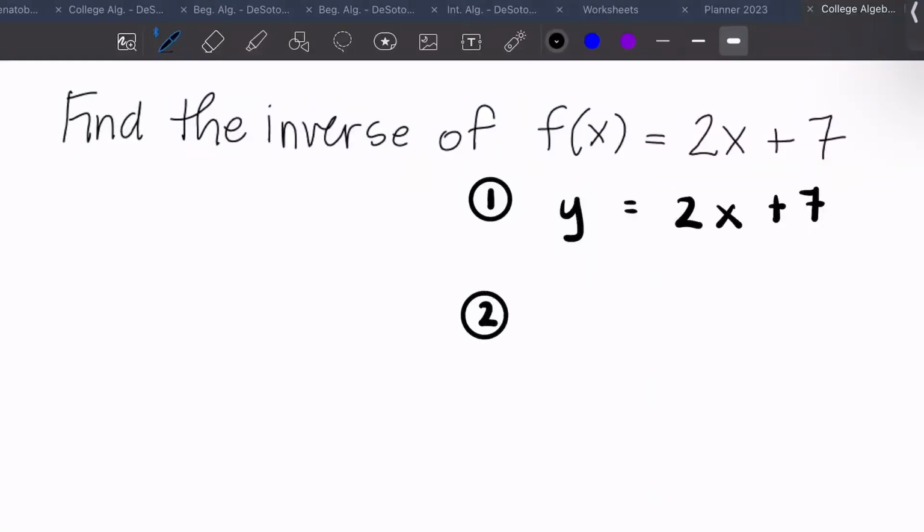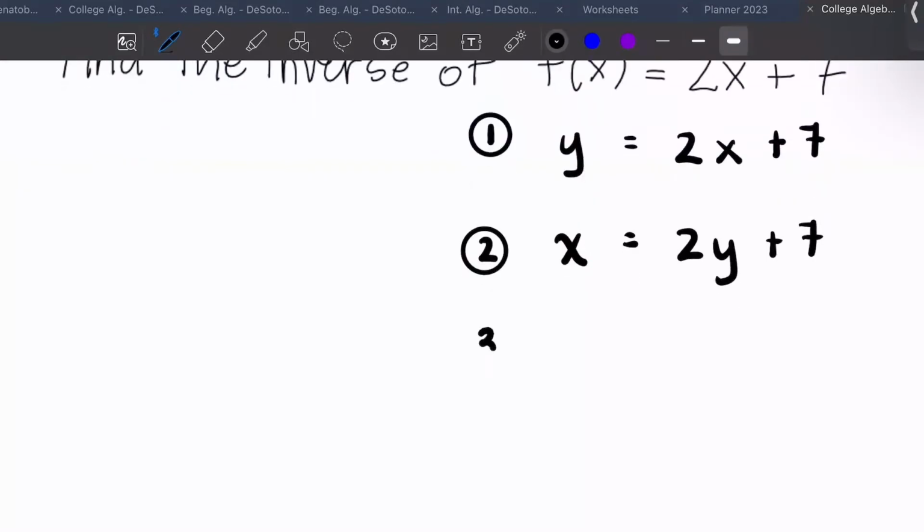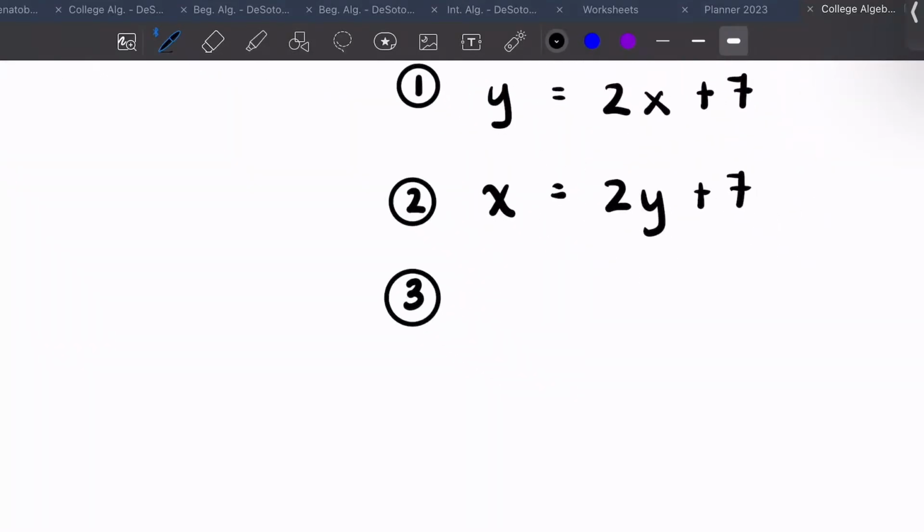So wherever there's a y, we'll put x. Wherever there's an x, we'll put y. So we'll have x equals 2y plus 7. And then we need to solve for y. That's step number 3. So we're going to subtract 7 from both sides and get x minus 7 equals 2y.